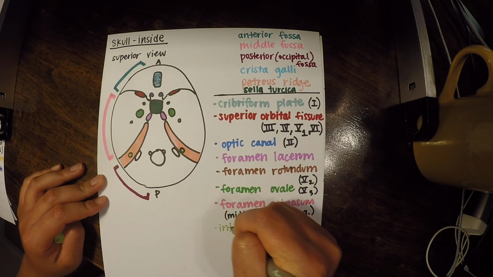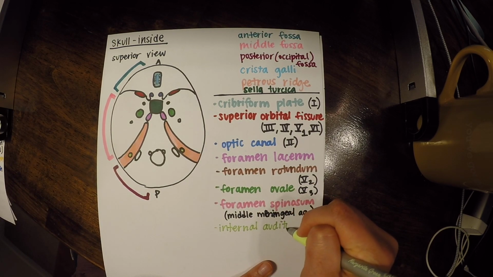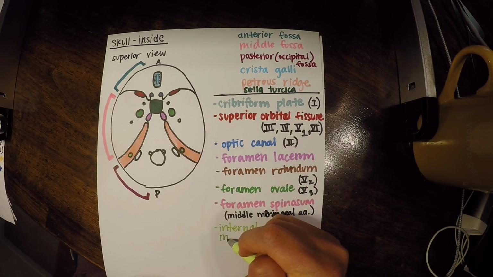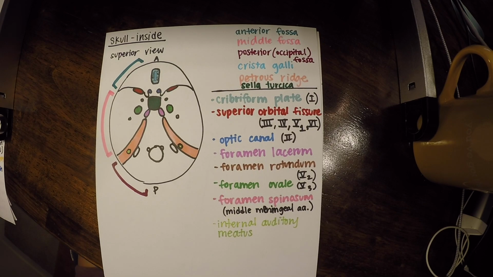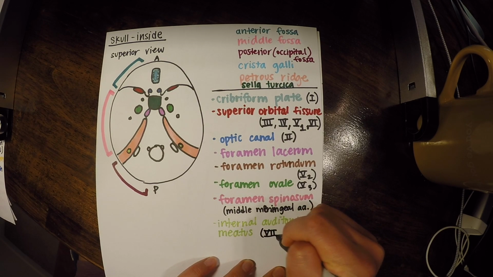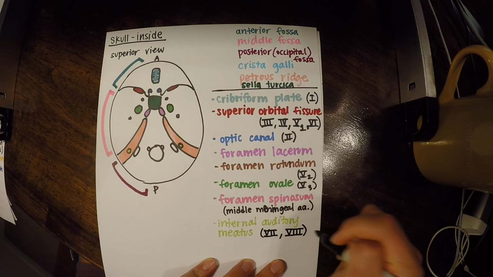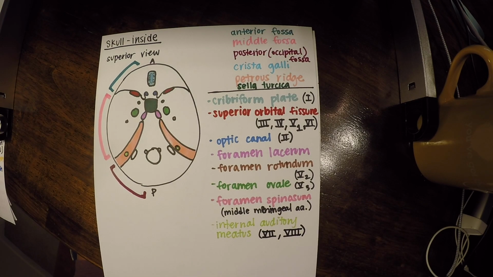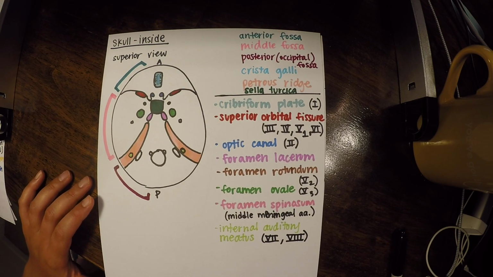Internal auditory meatus, and for that it's going to have two different things traveling through it. It will have cranial nerve 7 and cranial nerve 8. All right, we're almost done here. Hang in there with me. Our next one is going to be the jugular foramen.